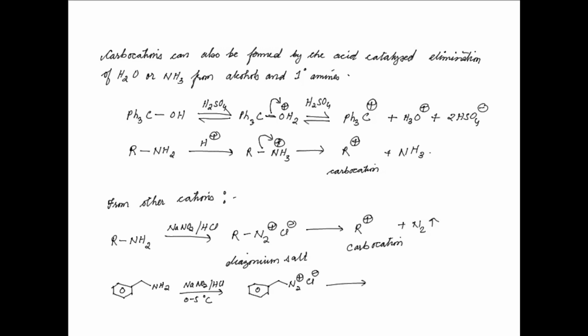This diazonium salt will then decompose to give you your benzyl cation. So you can see how from other cations such as your benzene diazonium cation, you are actually leading to the benzyl cation. So these are the various methods how you can generate carbocations.